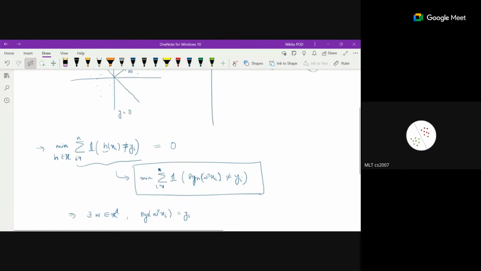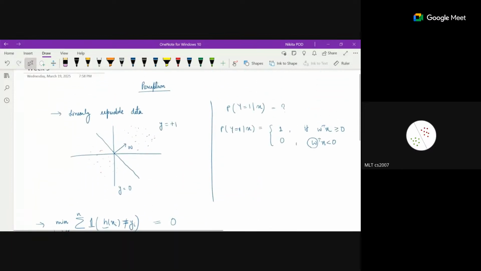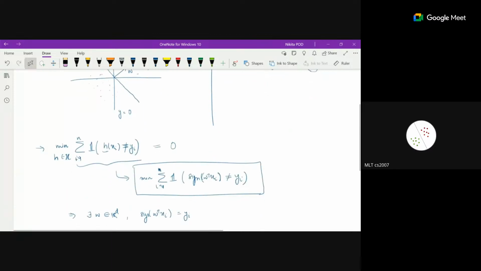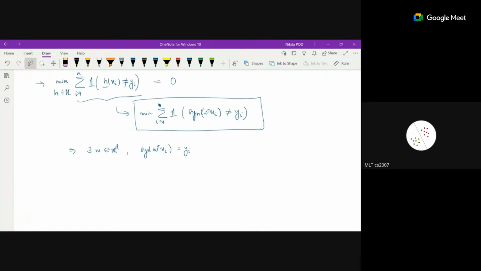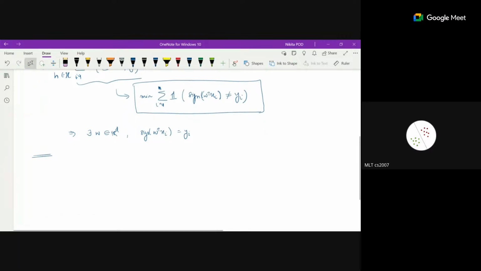Now we can start with our perceptron algorithm. If you have a dataset x1, y1, x2, y2, up to xn, yn, this comes under supervised learning, so there should be labels, and it's a classification problem.